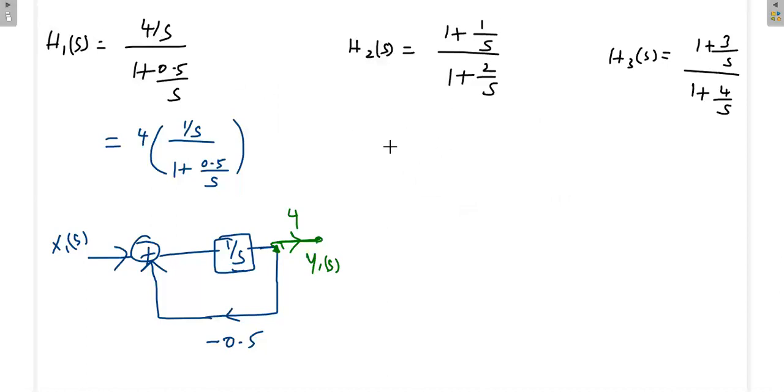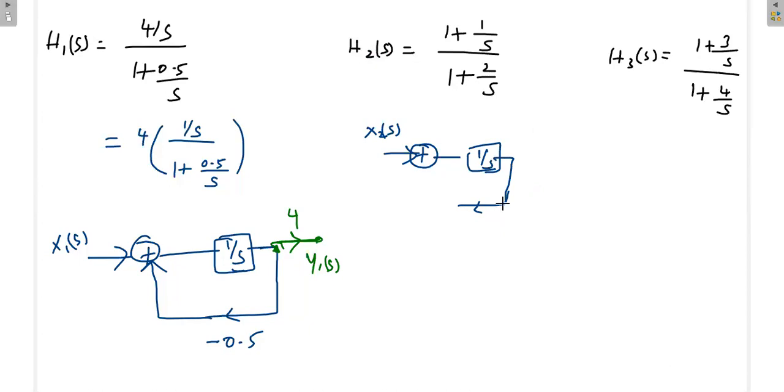Suppose, just by trial and error, I am going. I start with some x2 of s, in the same manner. Then I need the loop gain of 1 plus 2 by s. Suppose I have 2 by s here, just imagining. If I have 2 by s here, then I provide, say for example, 1 by s.